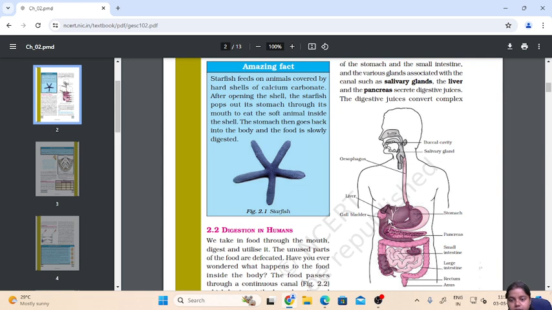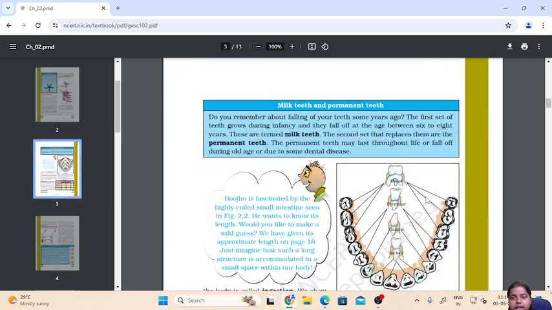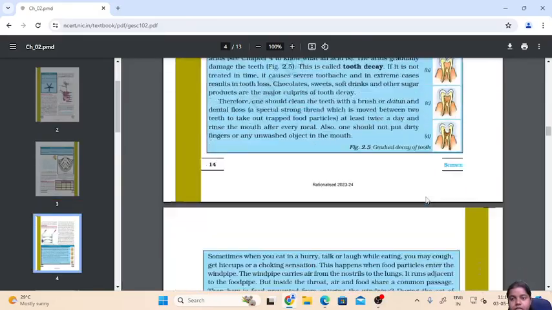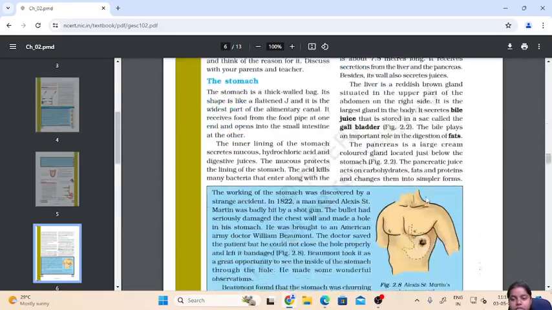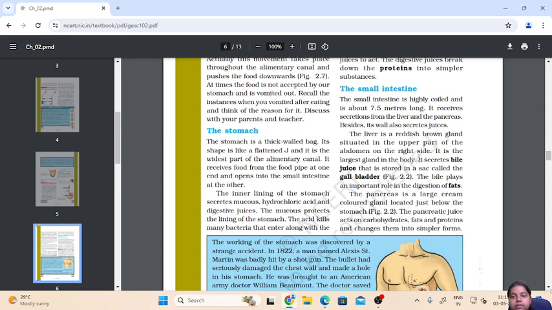So this is the liver, a brown colored gland situated on the upper part of the abdomen on the right side. This is the right, this is the left side. The liver is a gland. And one more important thing, the liver is the largest gland in our body.